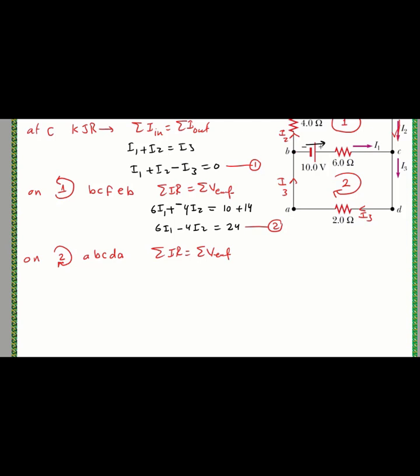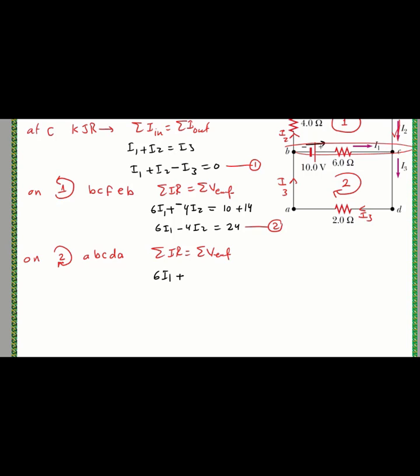Now, starting from A to B, we have a current I3 but with no resistance, so ignore this step. From B to C, we have a current I1 in the same direction that I am going, and 6 ohms, times 6 plus, so 6I1 plus.